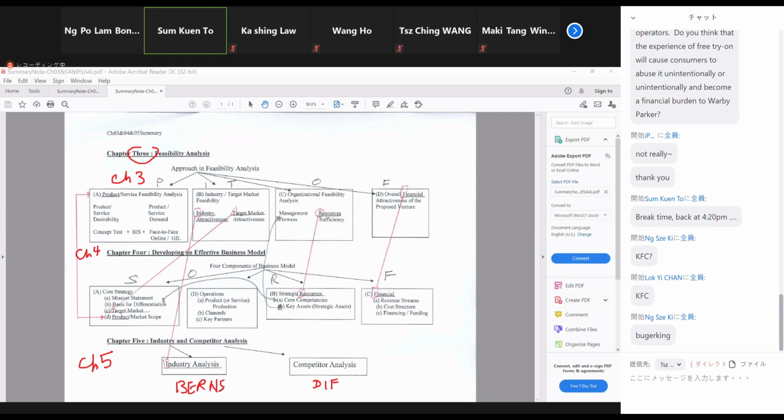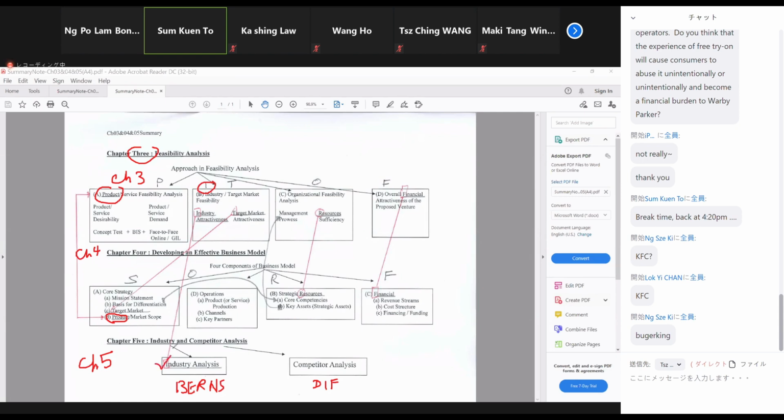And then when we talk about PTOF, product, industry, target market, organization, and finance, you can see, when we talk about P, product, we have product here also. So this is the linkage between chapter 3 and chapter 4. And then I, industry, obviously, we are talking about industry here.